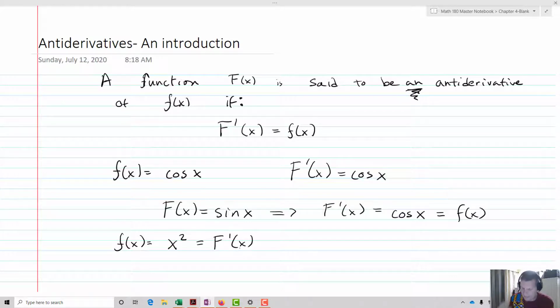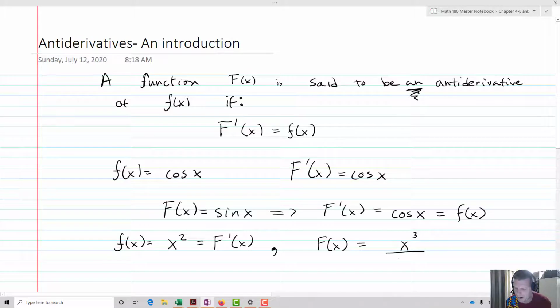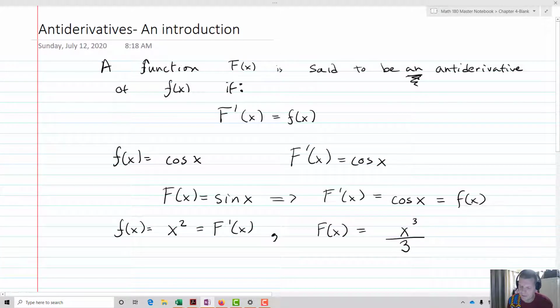If I think through this and work through it, I know big F of x is going to be x cubed, because when I take the derivative of x cubed, I get an x squared. And in addition to that, I'm going to have to divide through by 3. So x cubed over 3.